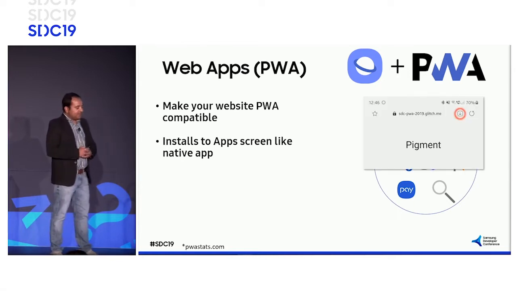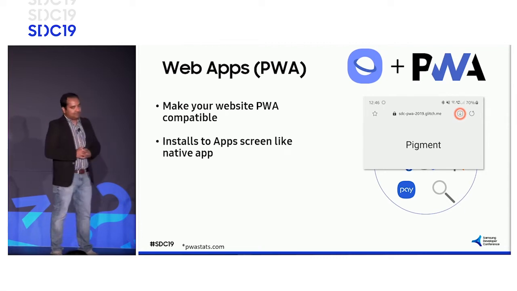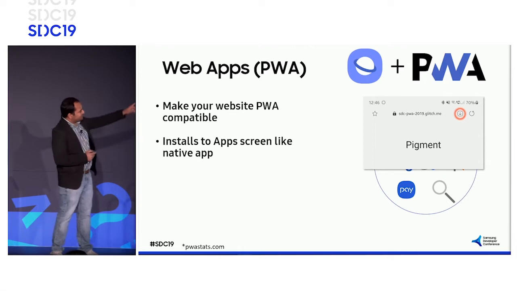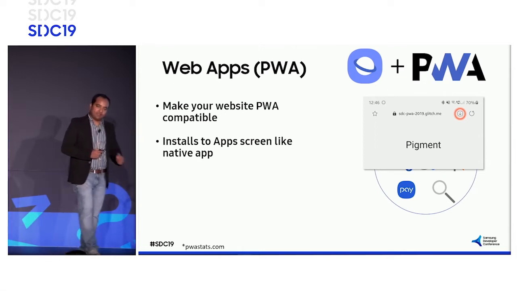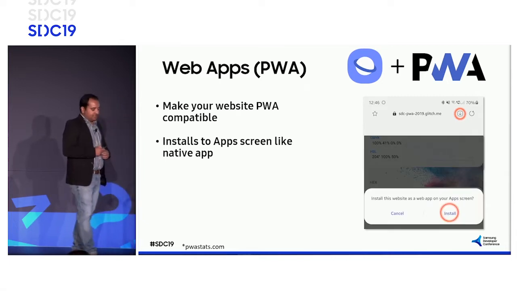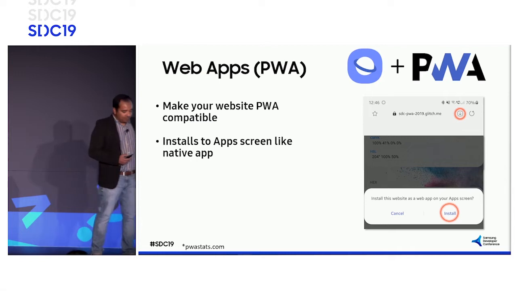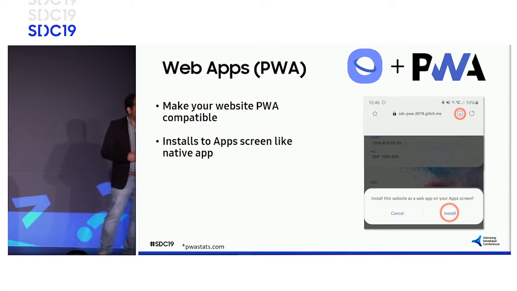And if Samsung Internet detects your web app or website is PWA compatible, it shows a little download icon on the address bar at the top. Even if a user stumbled upon your web page from Google search, if we detect it's a PWA, we show a pop-up asking, we detected this as an app, do you want to install this on your phone?